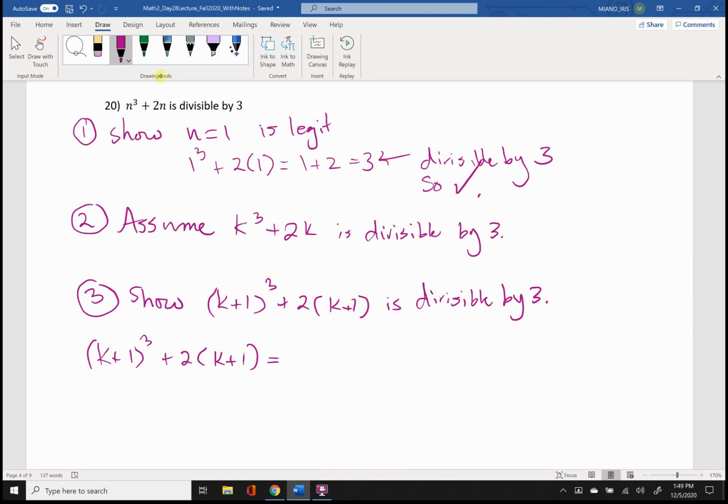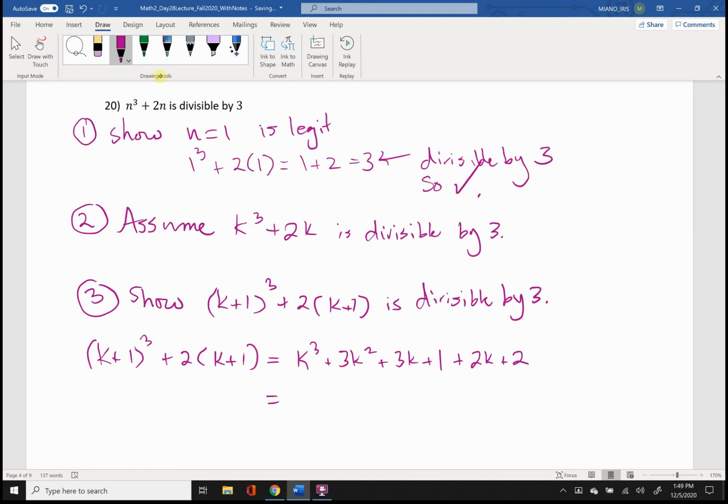But I'll just tell you, k plus 1 to the third power is k to the third power plus 3k squared plus 3k plus 1. And then taking 2 and distributing it over k plus 1 yields plus 2k plus 2.